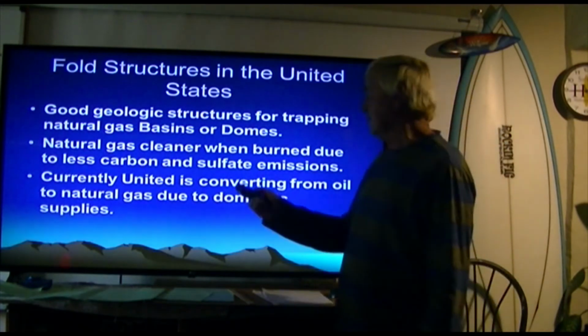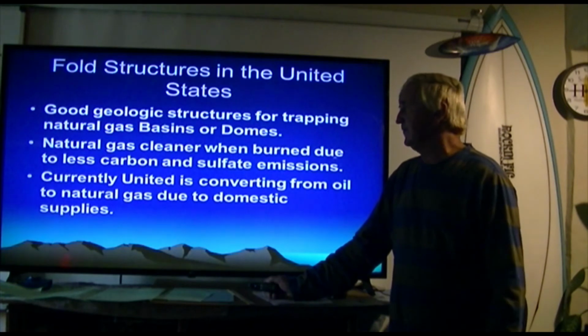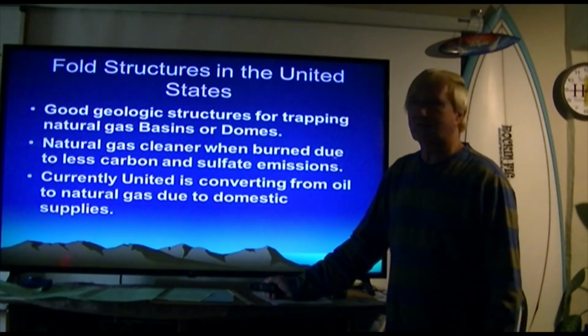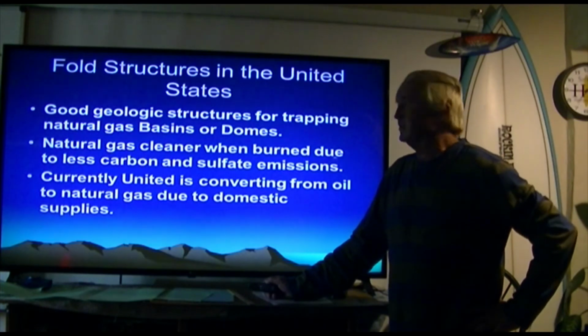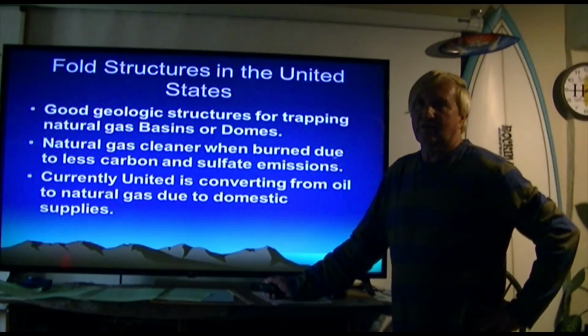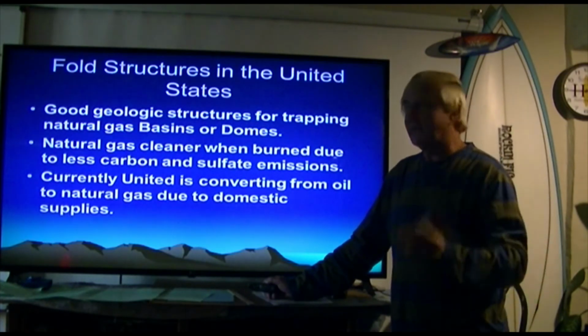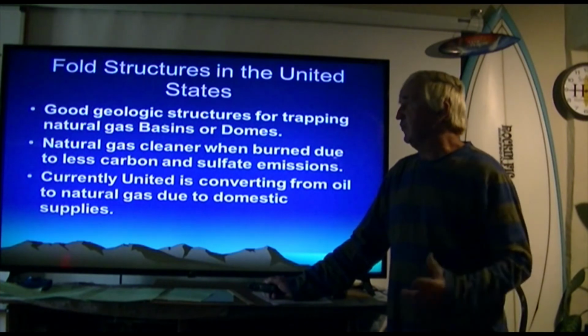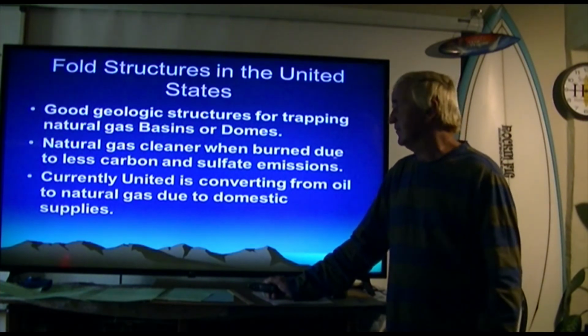So in a lot of ways the United States started converting from gasoline cars to natural gas. All the OCTA buses run off of natural gas, and the natural gas comes, in some cases, from landfills, old dumps that emit methane gas. A lot of companies have large fleets of vehicles that use natural gas.